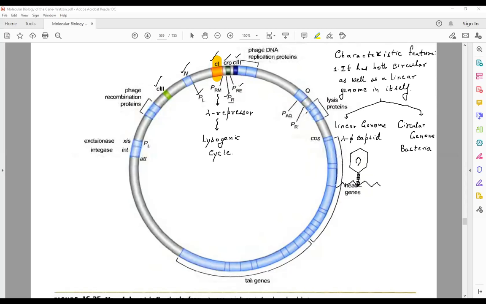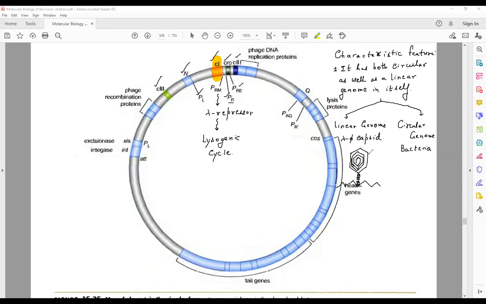See, this is how it is going to remain, so that the lambda phage genomic DNA is arranged in this particular manner.